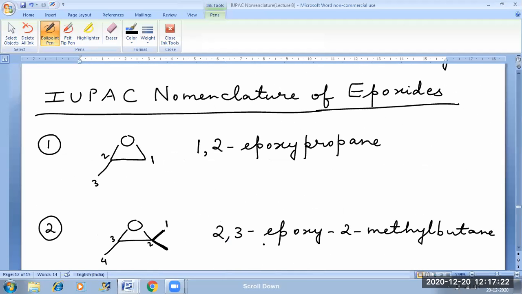Then epoxides. IUPAC nomenclature of epoxides.